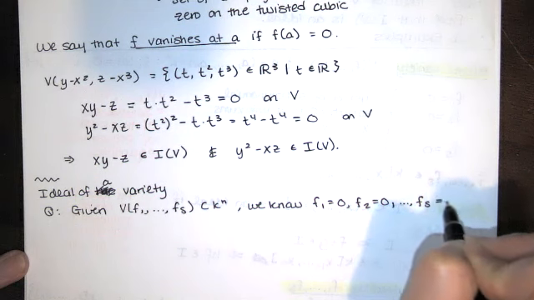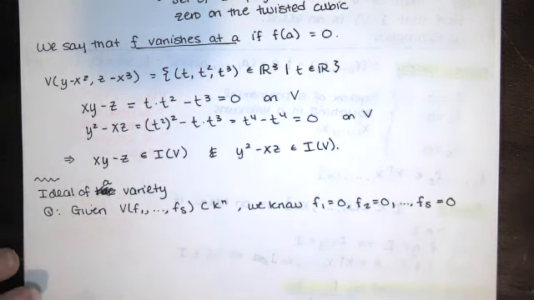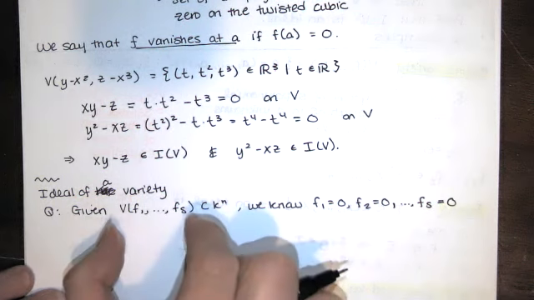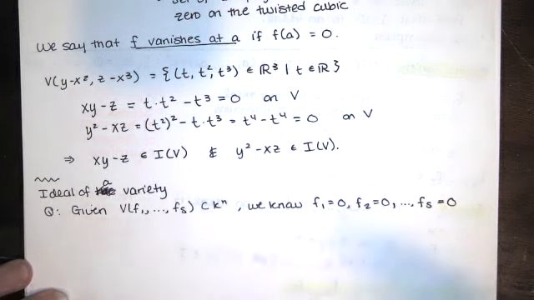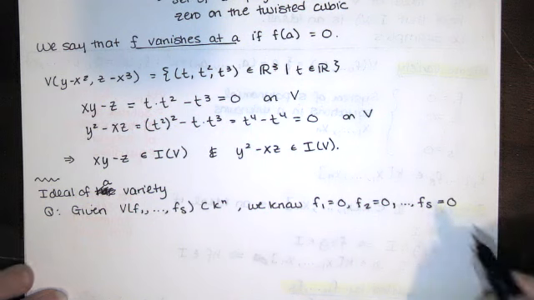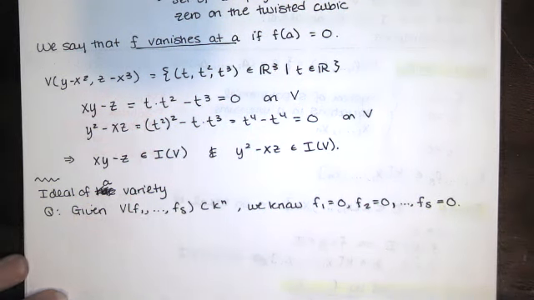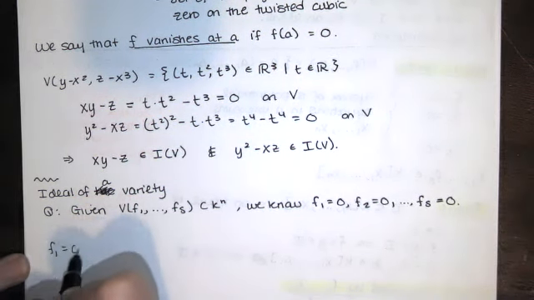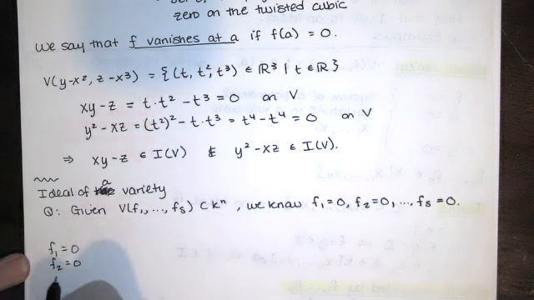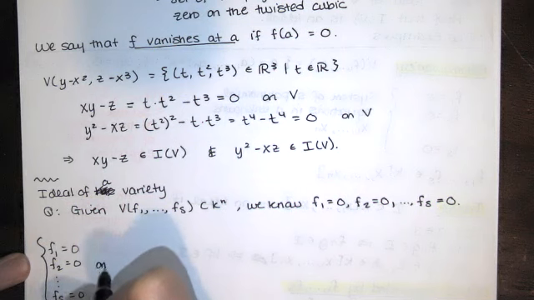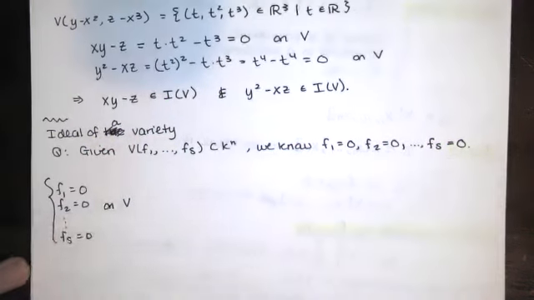All of these, f sub s, are equal to 0. We know those polynomials are 0 on the affine variety because that's the definition of the affine variety. This is a set of points where these s polynomial functions are all equal to 0. Typically, we write it like this: f(1) equals 0, f(2) equals 0, f sub s equals 0. Those are all going to be 0 for every point in V.